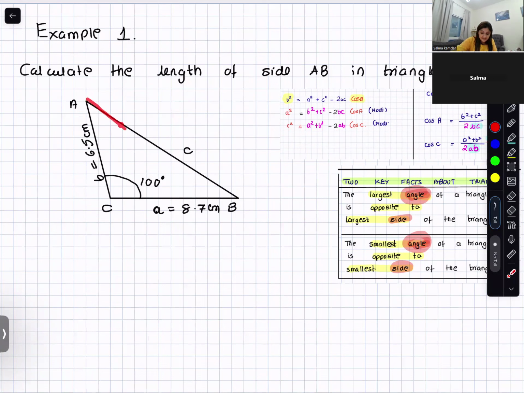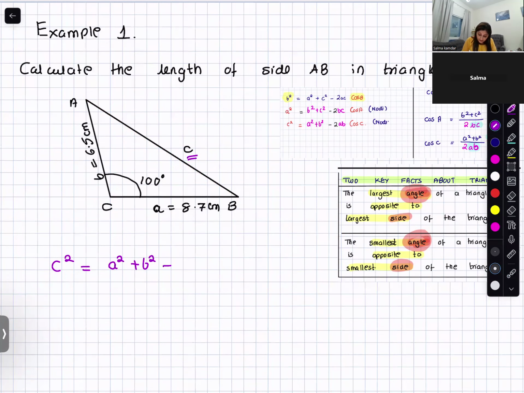This is side AB, which is the side c, opposite to angle C. So since you're finding the length of side c, you would put the formula c square is equal to a square plus b square minus 2ab cos C. This is the modification formula that you use.